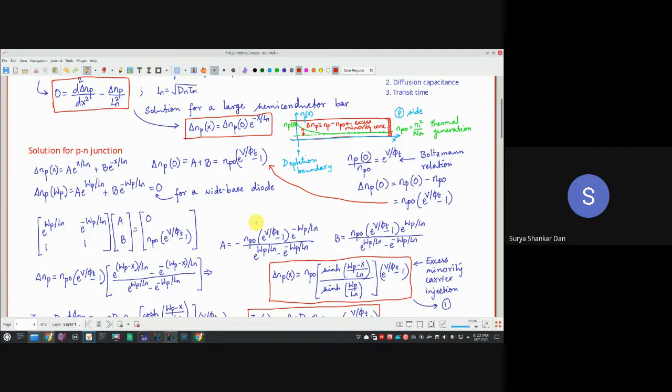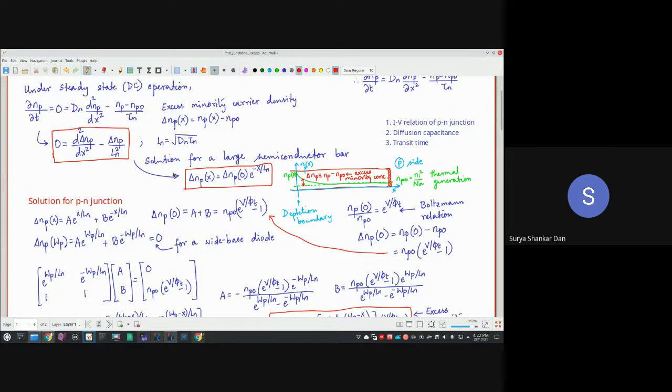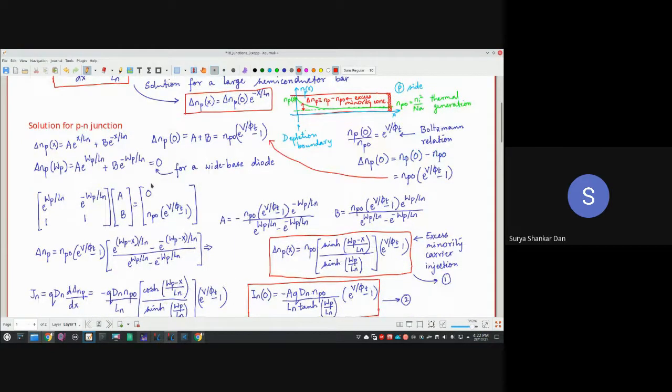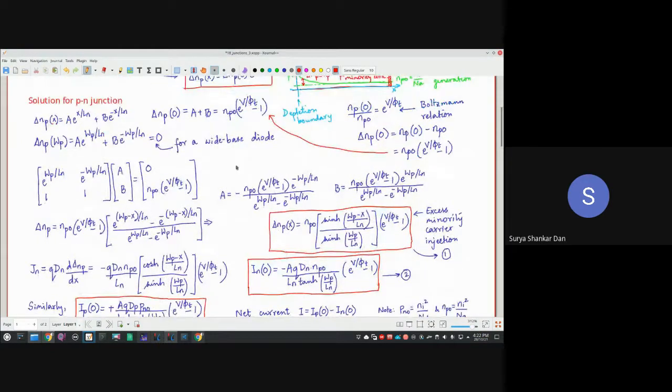So these are the two boundary conditions we have got. When we were dealing with a large semiconductor bar, we did not have any specific boundary condition, whereas in the case of a practical diode, we do. So now our objective will be to figure out the expressions for A and B. I wrote it as a matrix and directly solved it.